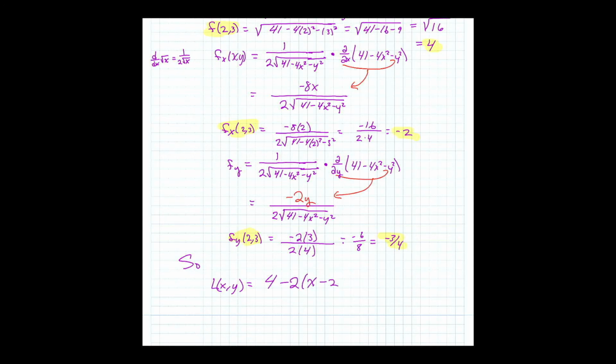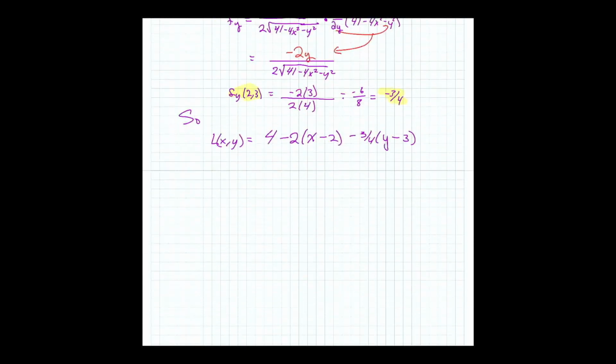The x naught is 2, plus fy, which is negative 3/4, times y minus y0, which is 3. So that's your tangent plane equation right there.